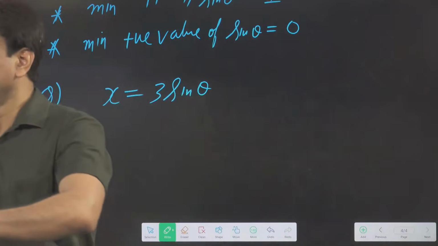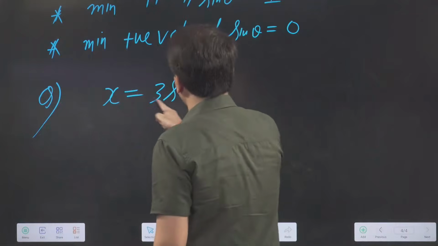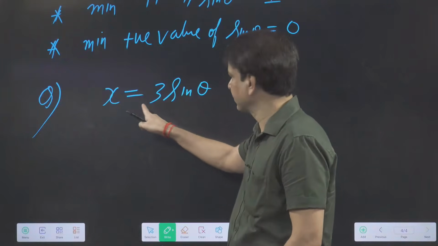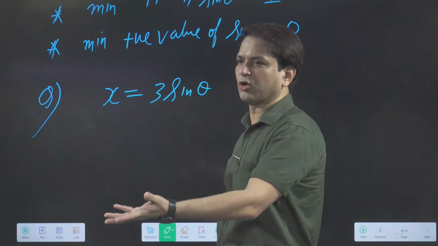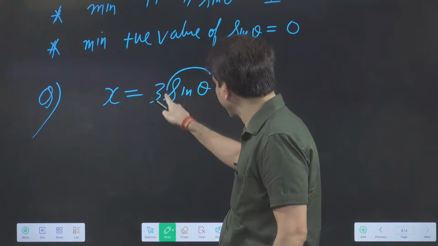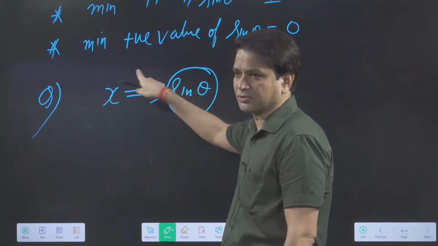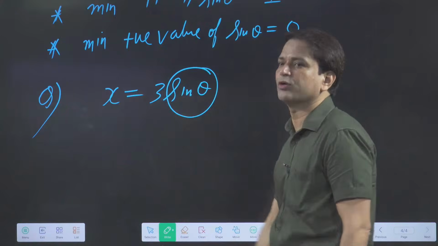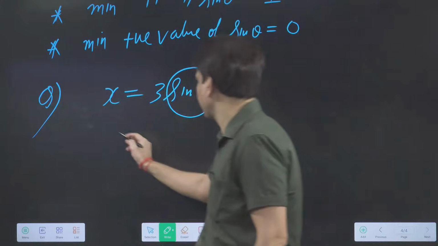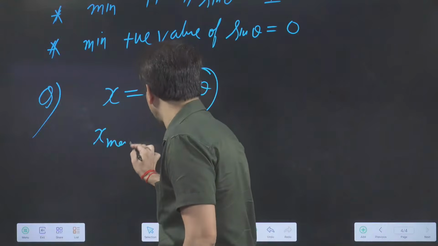Three. Everybody got? So I need the maximum value of x. So 3 is a constant that we cannot change. So sine theta will decide the maximum and minimum. If this is maximum, then x will be maximum. What is the maximum value of sine theta? 1. Then what x max will we get? x max is equal to 3.